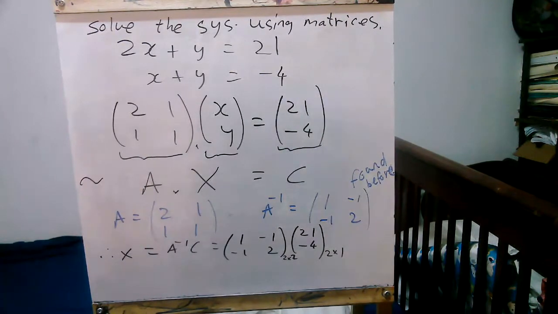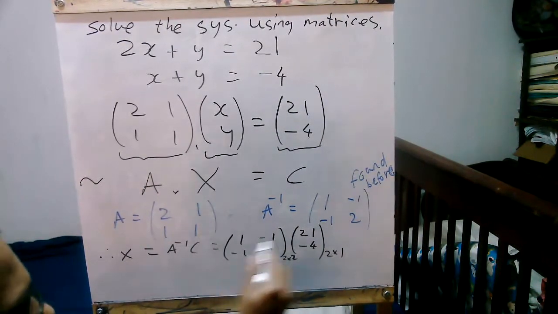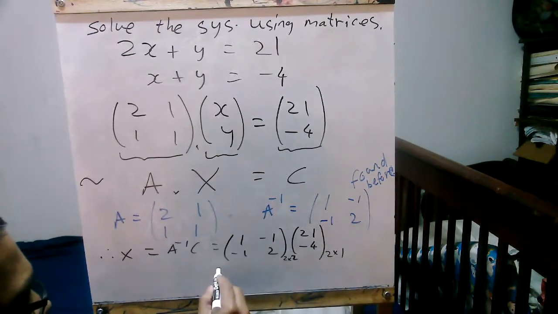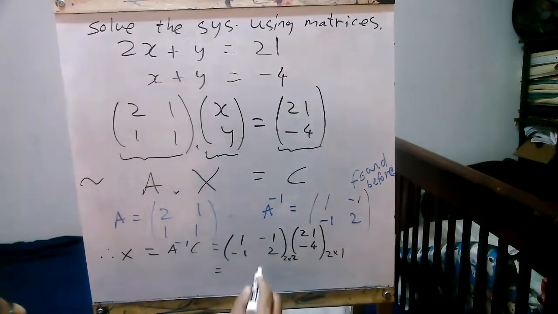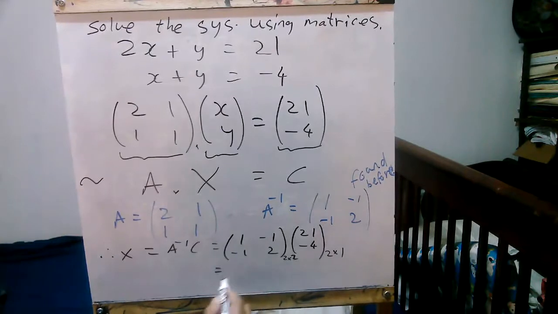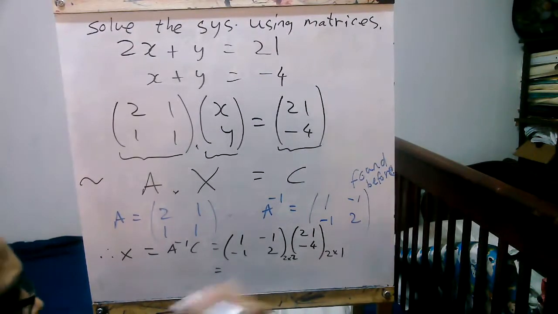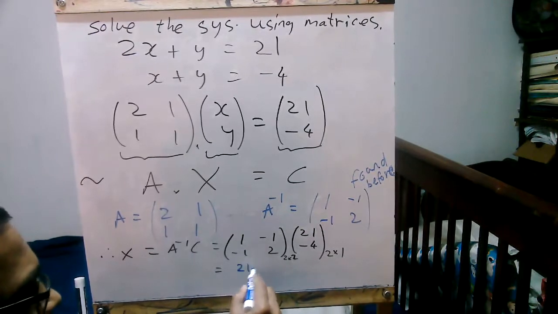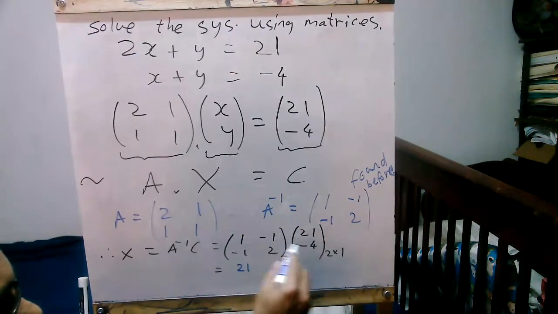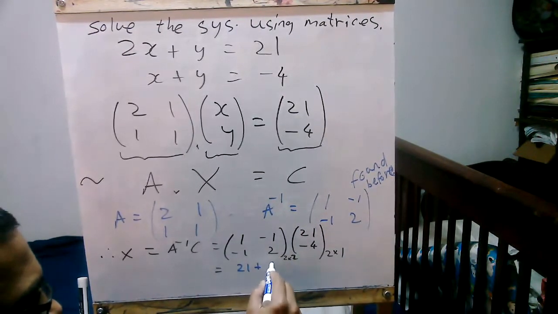Write it here. 1 times 21, this is 21. Negative 1 times negative 4 is positive 4.